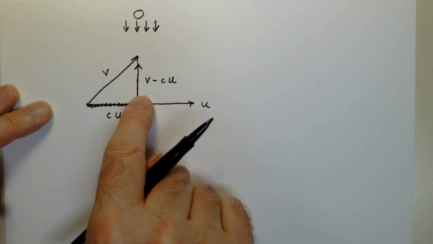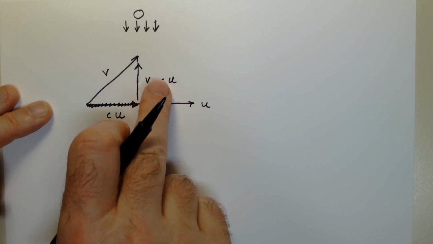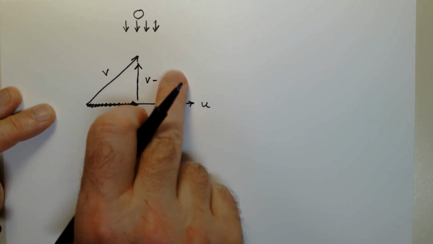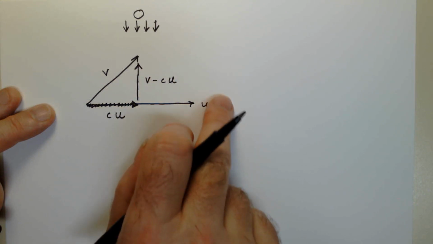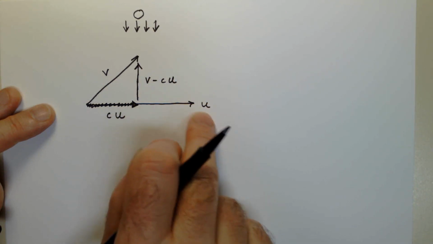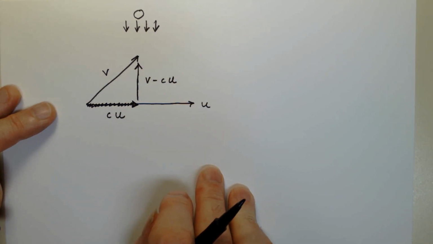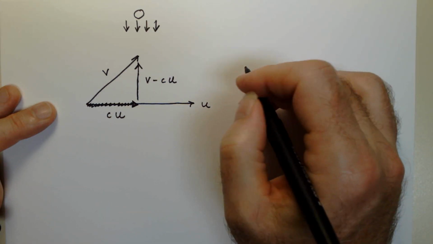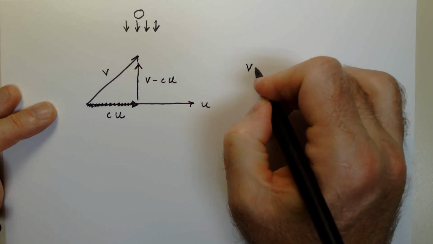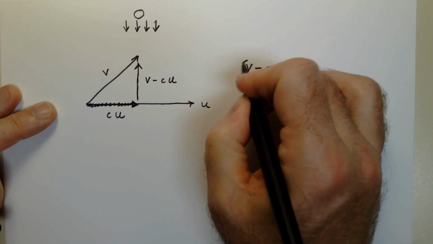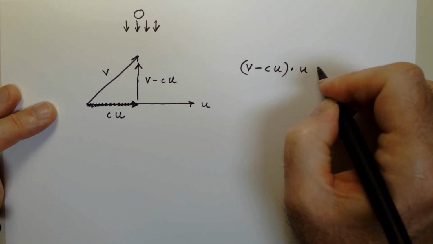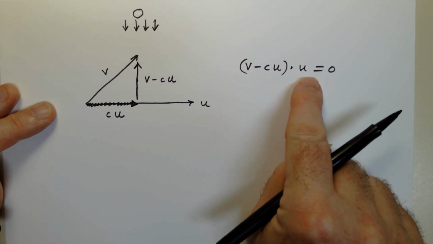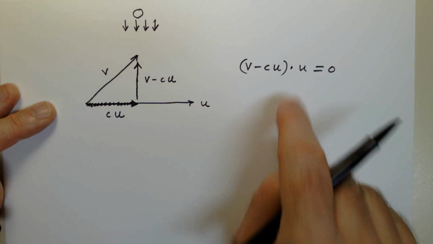So the condition to finding the value of c is going to be that this vector v minus cu has a dot product with u that's equal to 0. So the condition for c is going to be obtained through this condition. All right, that's a way of saying that v minus cu is orthogonal, or at a right angle, to u.